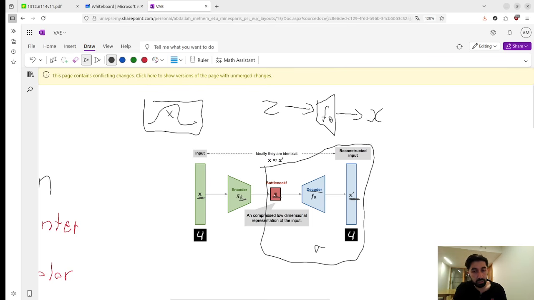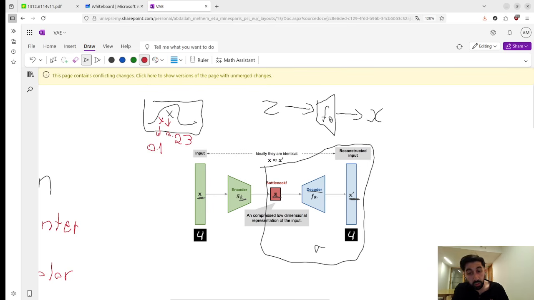We sample from a normal distribution. We input to the decoder, and for every sampling, we'll get a different image. It depends where you sample. Let's say the first time you sampled over here, got a value of 0.23, you'll get an image. If you sample over here, you get a value of 0.1, you'll get a different image.